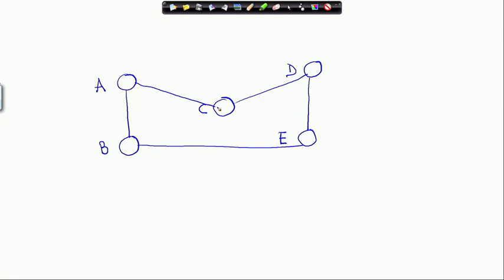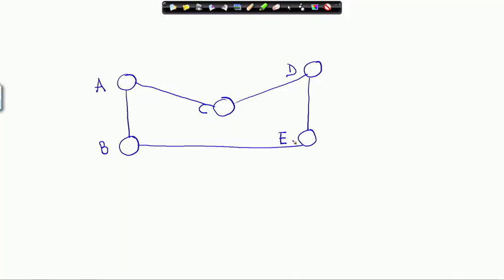Moreover, along with each of these paths, we have got some cost associated: the amount of money, the amount of expense that we will have to bear in order to make this travel possible. Suppose for travelling B to E, I have got different options.